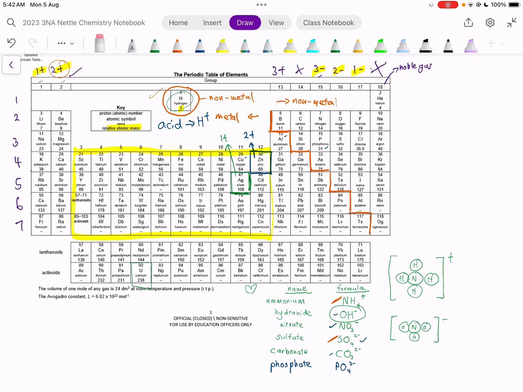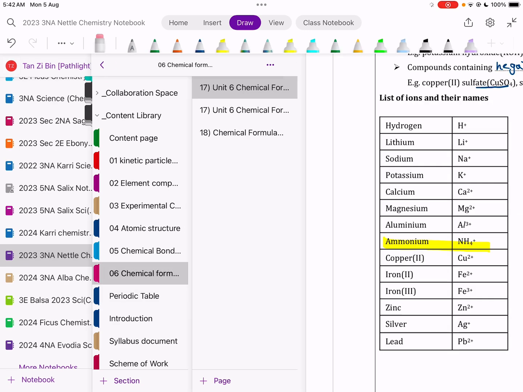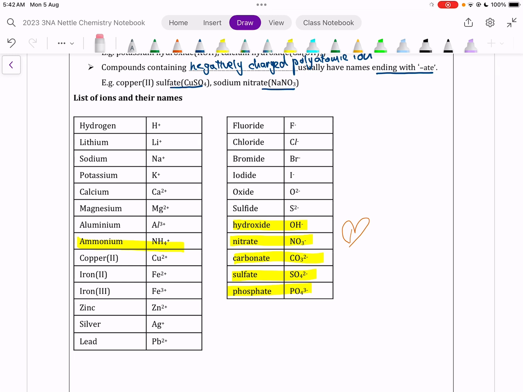Make all these annotations on your periodic table before we begin. Back to the notes itself. Please make the annotation on your periodic table as shown earlier on.